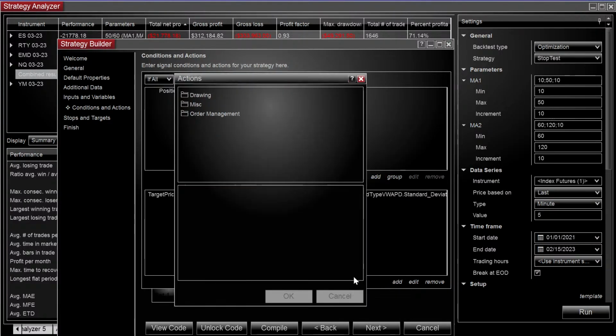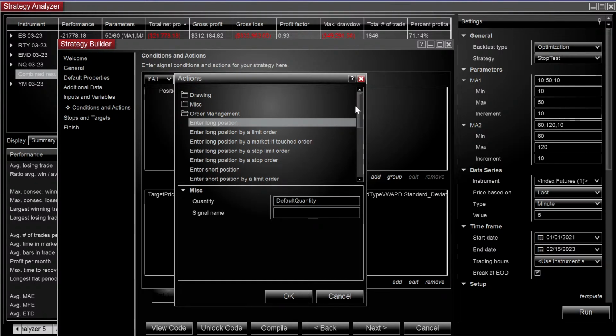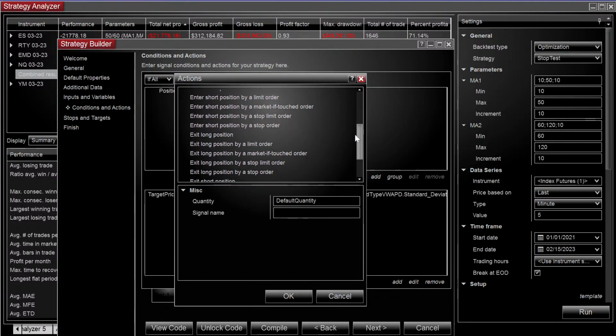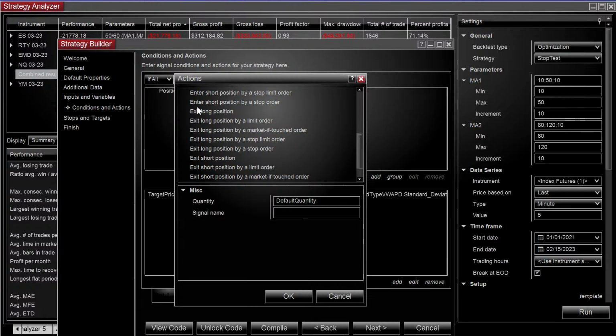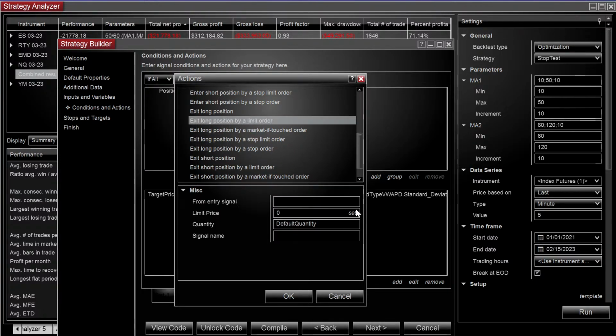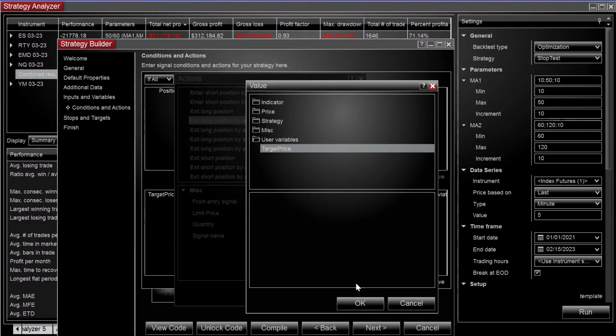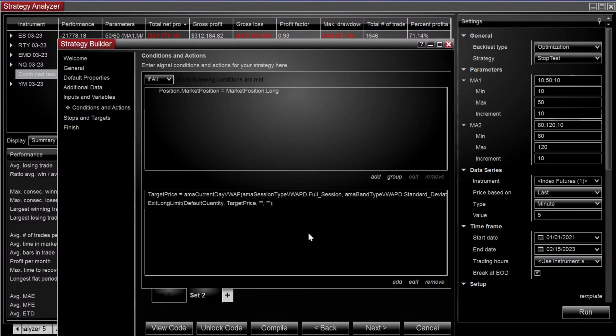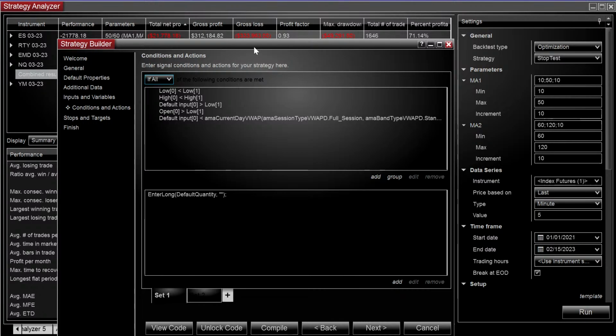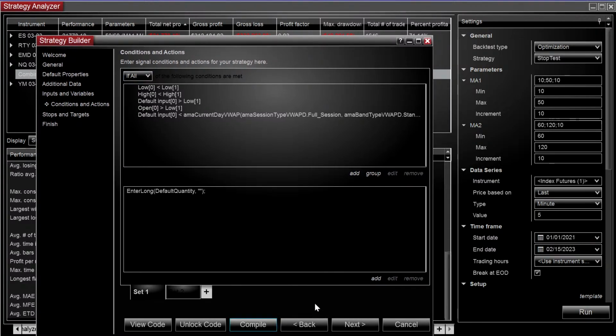Target price equals VWAP. And then exit long position. It should be a limit order. Exit long position by a limit order, target price. And that should give us a good starting point. Let's go ahead and compile this.